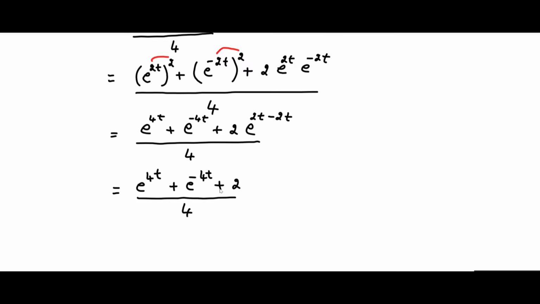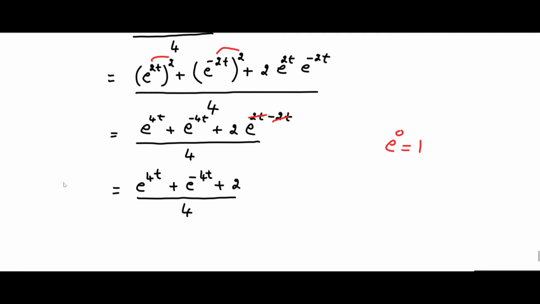So what happens to this e power of 2t minus of 2t? So this value will cancel out because it is a positive and negative value, plus 2t and minus of 2t will cancel out. You will be getting the value of e power of 0. But the value of e power of 0 is 1. So therefore we will just be left with 2 there.